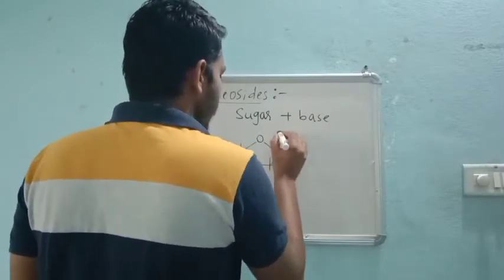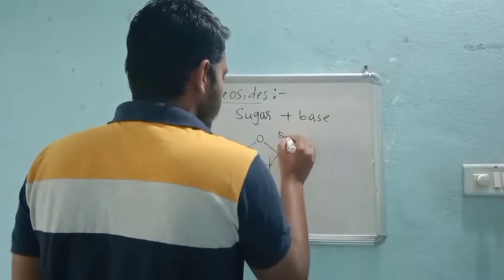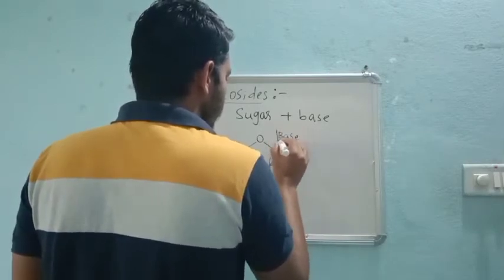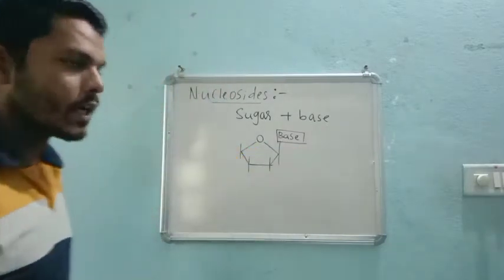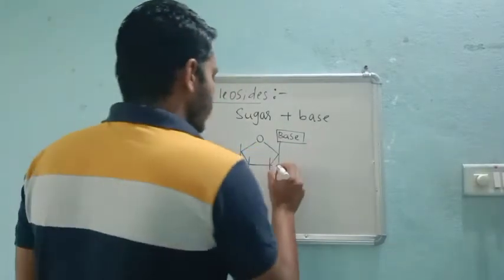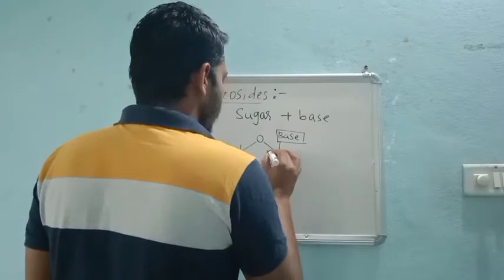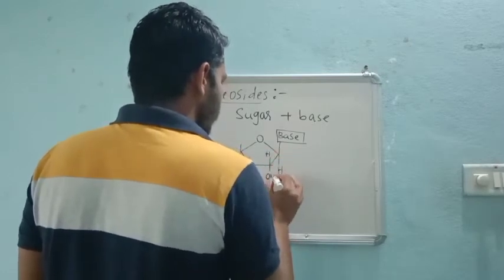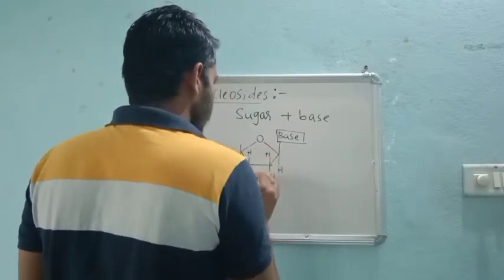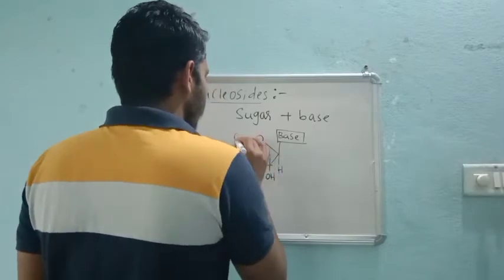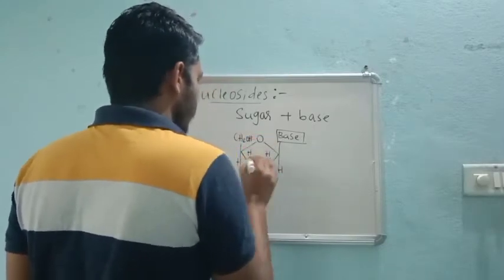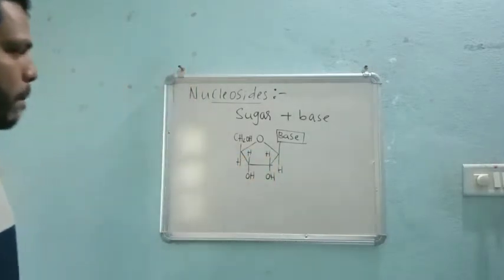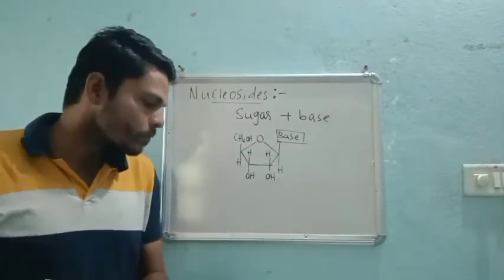There is a base which is attached to the first carbon atom, and then H, OH, H, OH, CH2OH, and H. So this is the pentose sugar diagram.